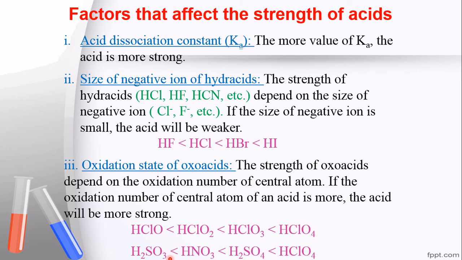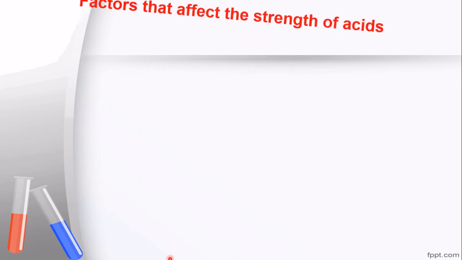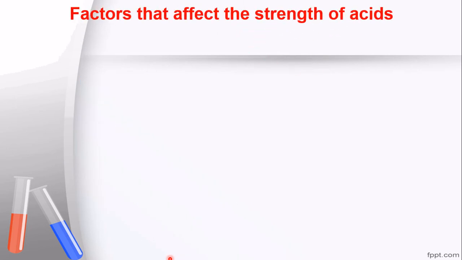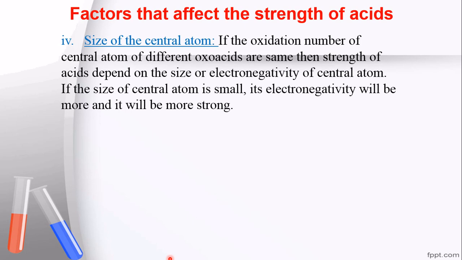Now you will see there are some acids where the oxidation number is the same. For example, phosphoric acid and nitric acid, where the oxidation number of phosphorus and nitrogen are both +5. Then how will you determine the strength of these acids? If the oxidation number of the central atom is the same for two or more acids, then you will see the size of the central atom.